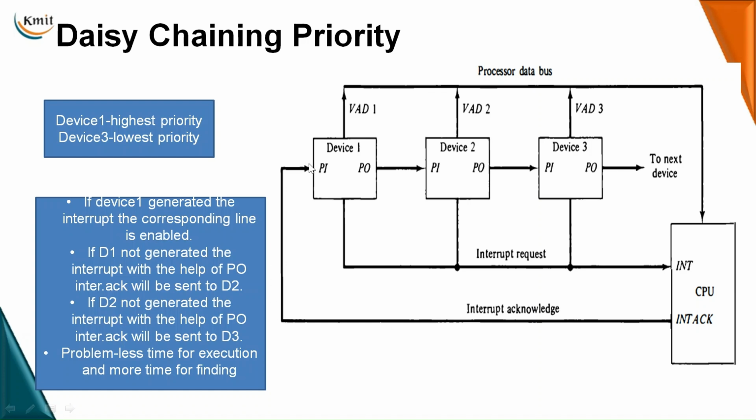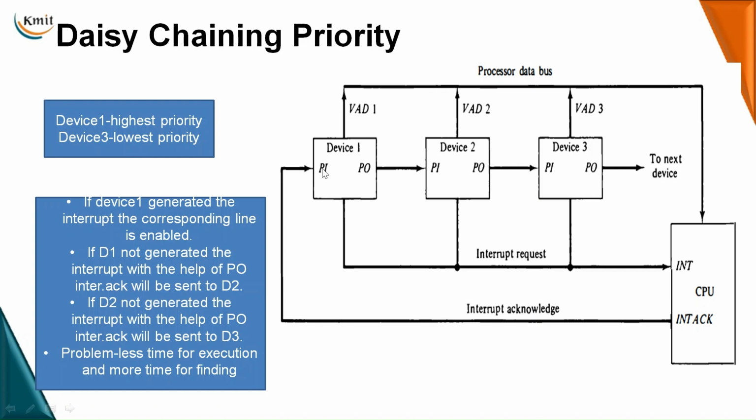Whenever device 1 receives an interrupt acknowledgement, since this is the highest priority device out of all the devices and it is the only device which has generated the interrupt request, this interrupt acknowledgement line will be given as an input to device 1 through PI. There are two things here: one is an input and one is an output. PI is a priority input and PO is a priority output.